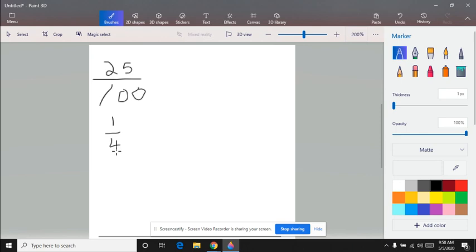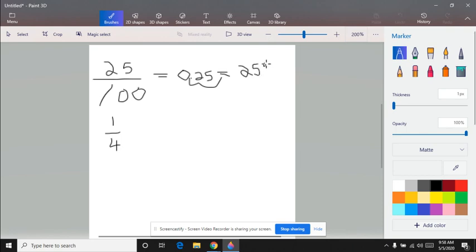So if I were to simplify this fraction right here, it would simplify down to 1/4 because I could take 25 divided by 25, which is 1, and 100 divided by 25 is 4. So 25 100ths in decimal is 0.25. Remember those place values. And then in percentage, you bring over 2 spots, 25%.